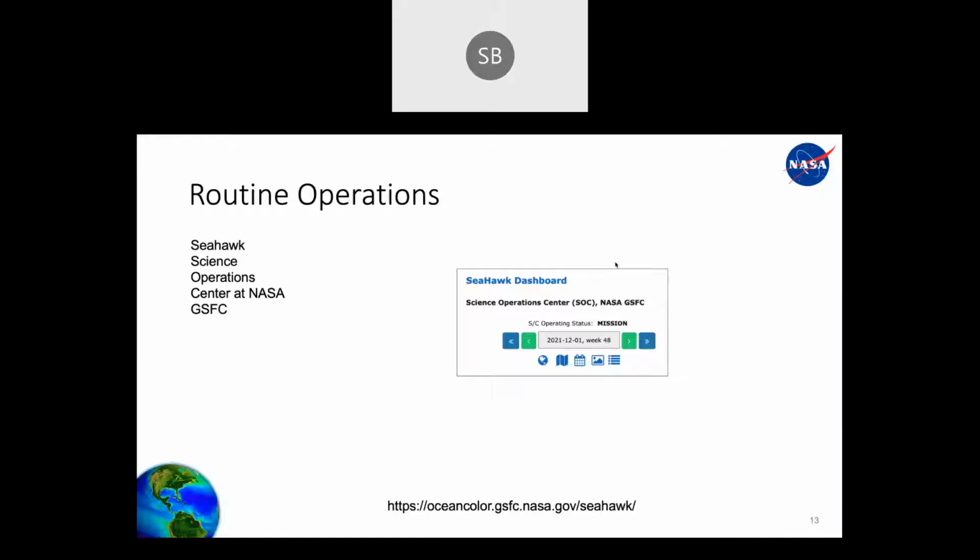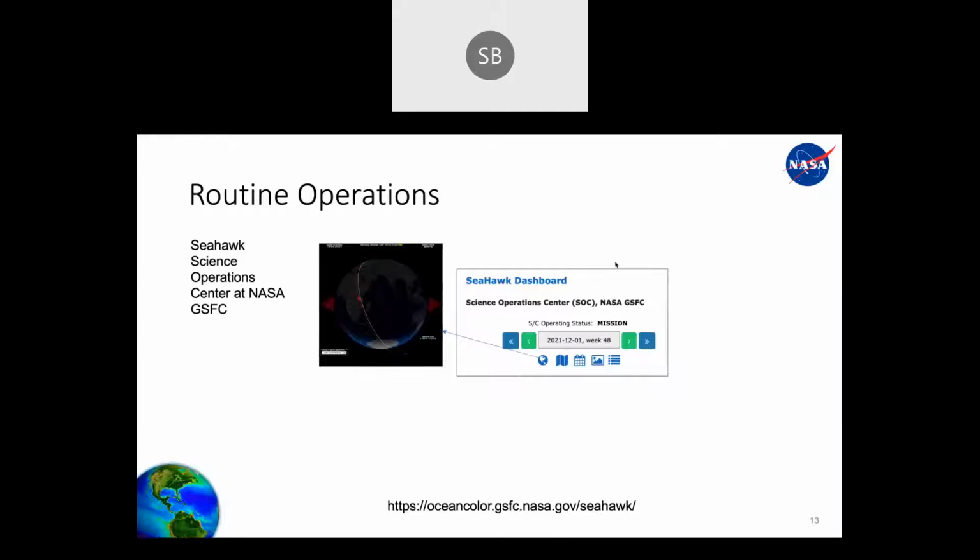The first tool below is a globe that displays where SeaHawk's location is at any given point in time in relation to the Earth. Next, you can see a map of the areas that have been planned for capture by the team.